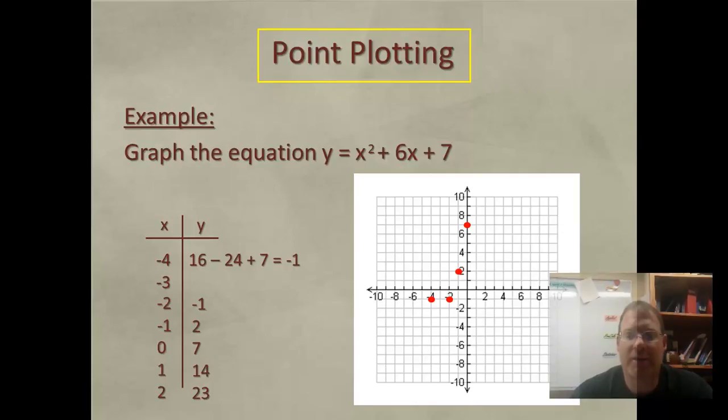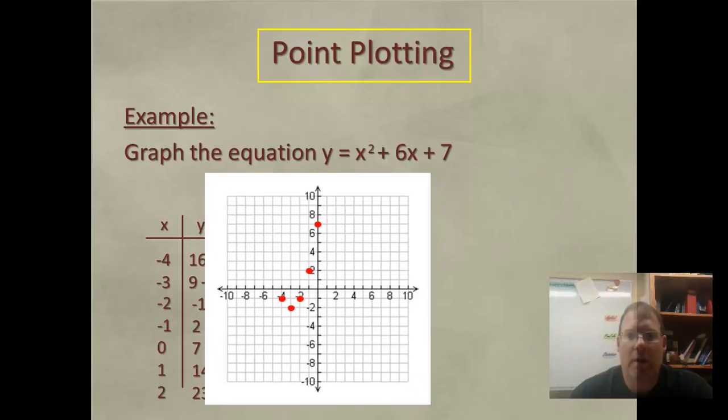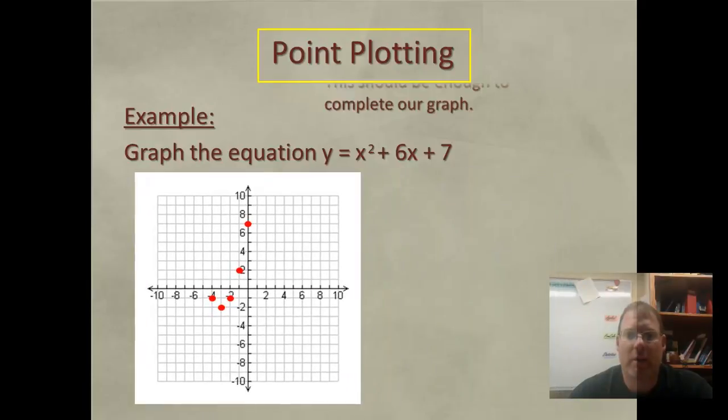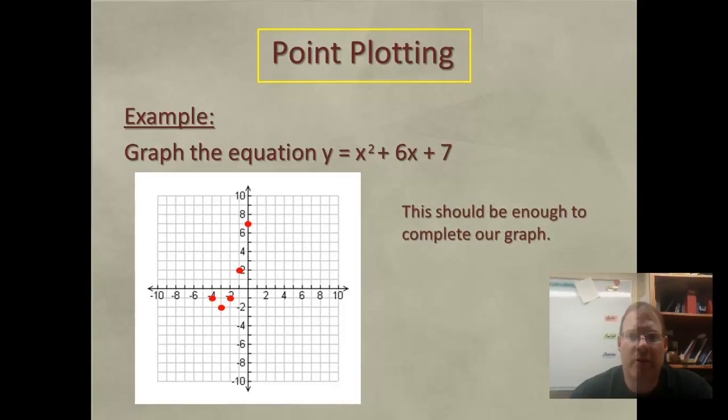And now you can kind of see where the vertex is supposed to be. When I plug 3 in, I get -2, which is right there. So that alone should be enough to complete our graph, because the left-hand side of a parabola should look just like the right-hand side. And so it looks like that.